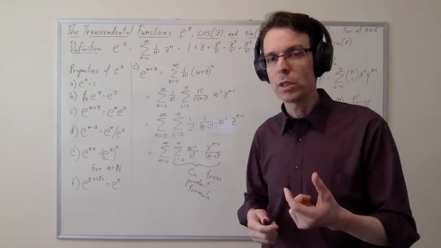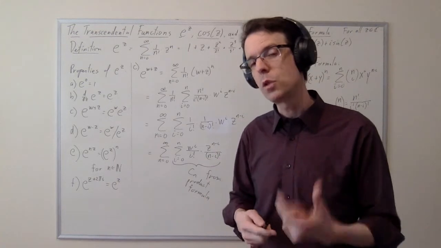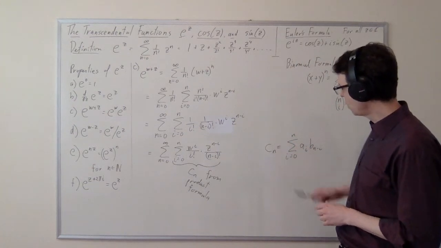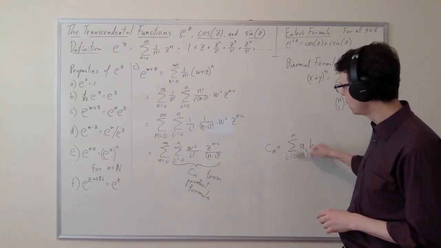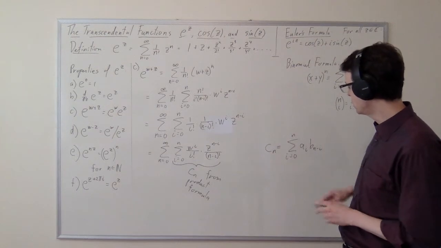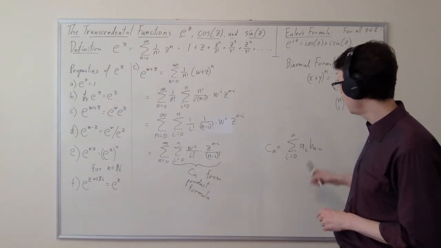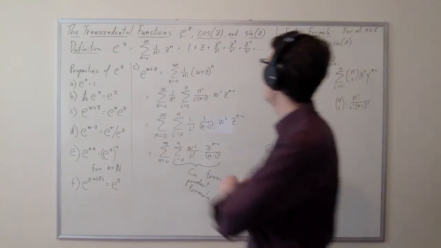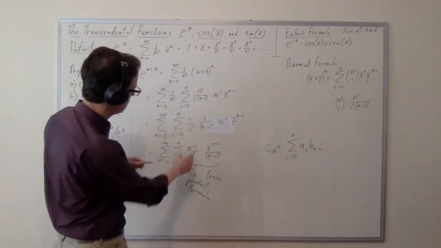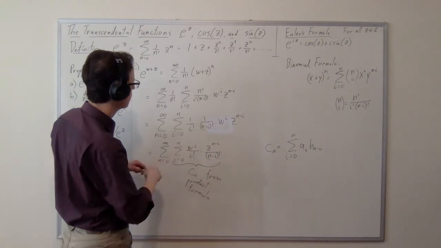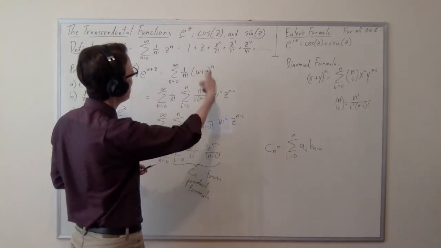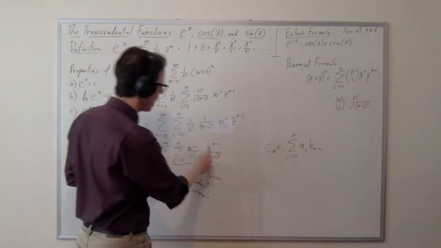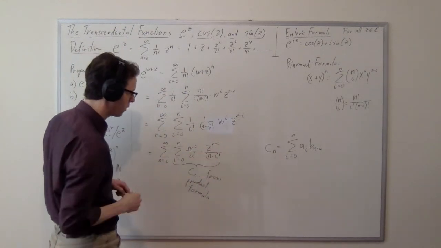The coefficient of the nth term of the product of two power series is going to be this thing, which is sometimes called a convolution. It's going to be a sum I equals 0 to n of these two terms, a_I, b_(n minus I). What's the a_I and what's the b_(n minus I)? In this case, the a_I is w to the I over I factorial, and the b_(n minus I) is z to the n minus I over n minus I factorial.